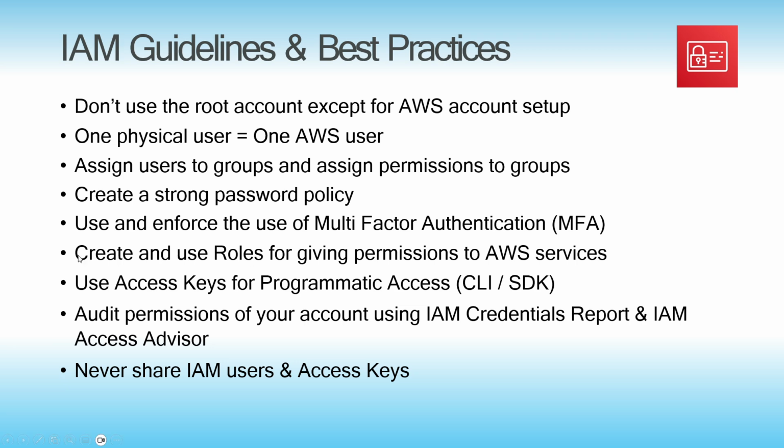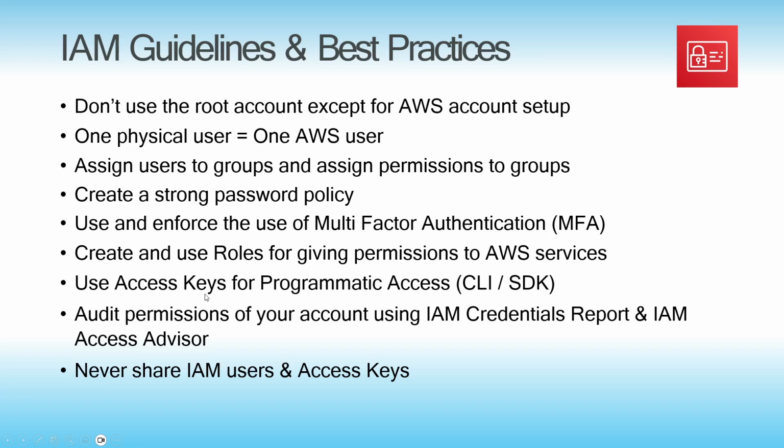Create and use roles to give permissions to AWS services. The one I was explaining earlier, we should always use roles for access to the different AWS services, like when an EC2 machine wants to access an S3 bucket, we should attach a role to the EC2.